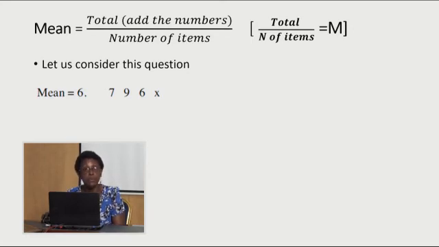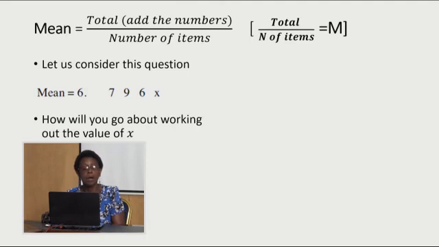Remember what we do for mean? We work out the total and then we divide by the number of items. We know the number of items. How many items are there? Good. If you've said 4, not 3, 4 of them. One is missing.